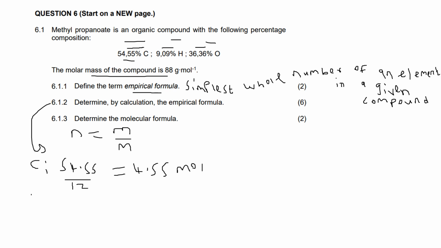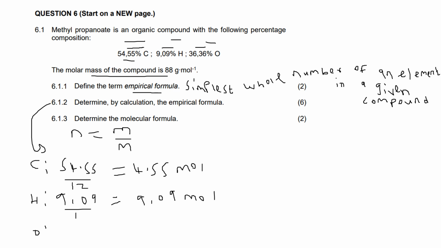Then let's go in that order. Let's go for hydrogen, which is the second one now. The m in this instance would be 9.09, over the mass number of hydrogen, which is 1. Meaning this will just come back as 9.09 mole, because the mass number for hydrogen is 1. And then lastly, we have oxygen.